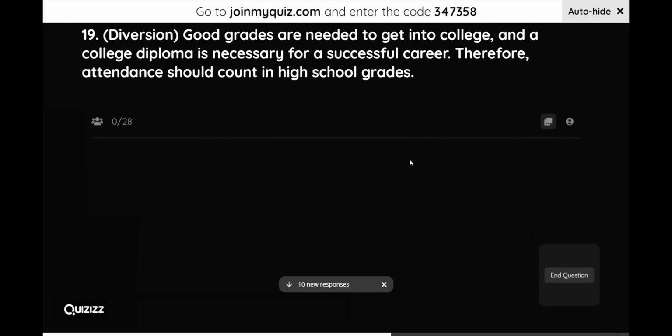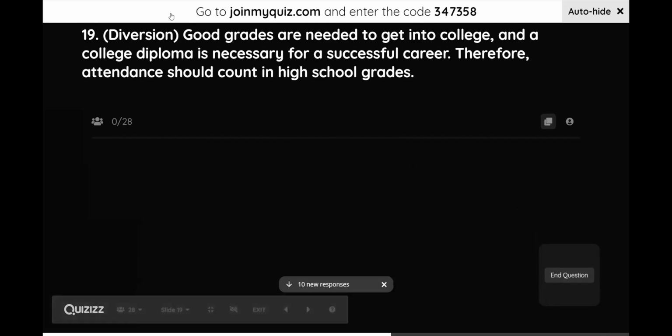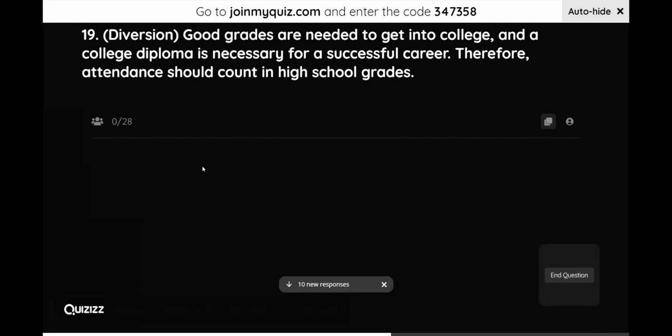Good grades are needed to get into college. Okay, so we want to explain how this is a diversion. How is this a diversion? And we know this is our conclusion. What does our conclusion have to do with our premise? Is it the grades?